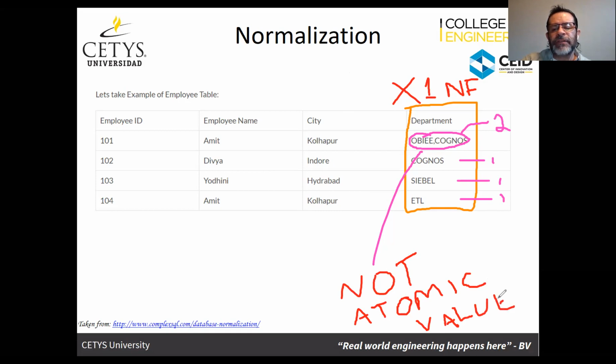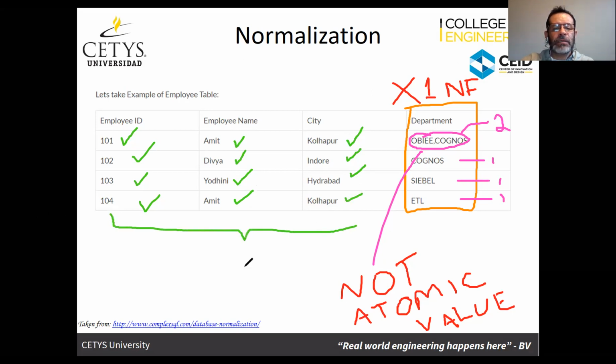Now, the rest of the things we have here are atomic values. Can I separate 101 into more things? Or is it one thing? It's one thing, right? The employee name, it's one thing. I can't separate it into more values. The city, it's one thing. I can't separate it into more values.